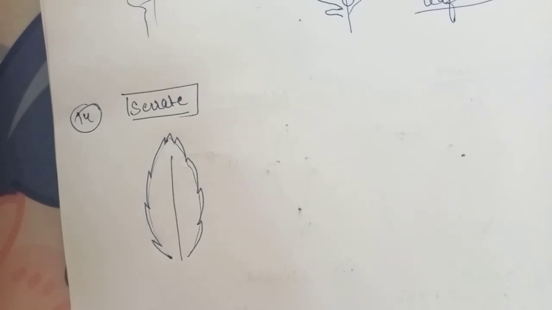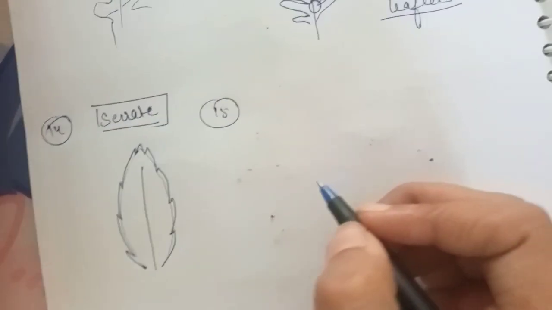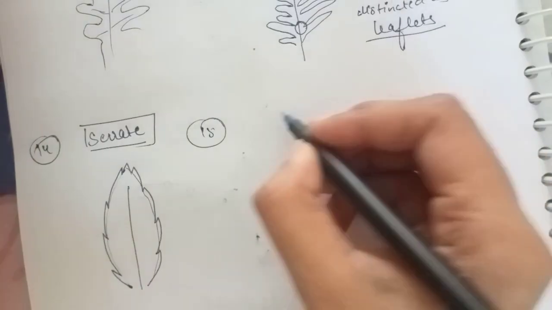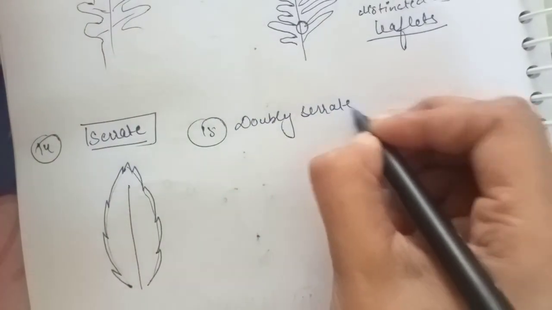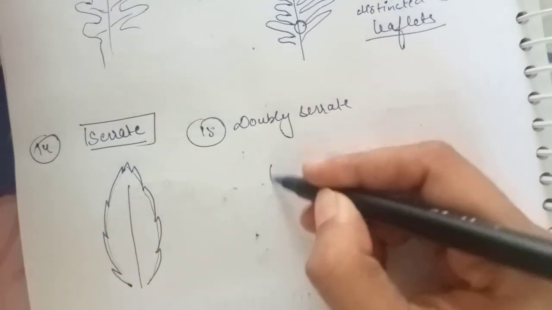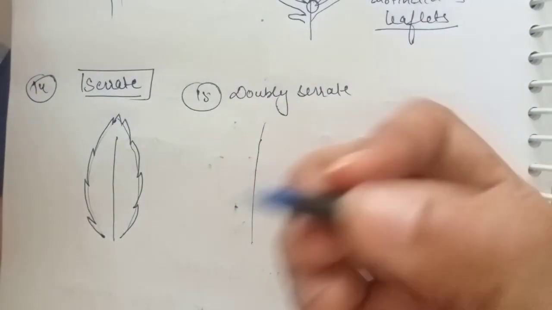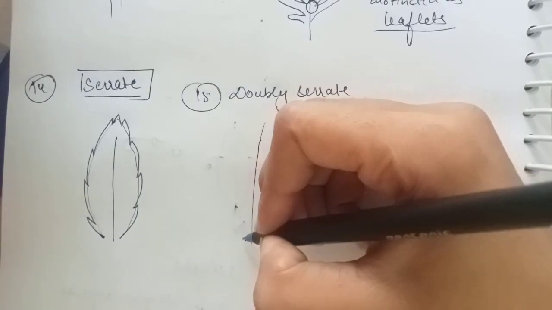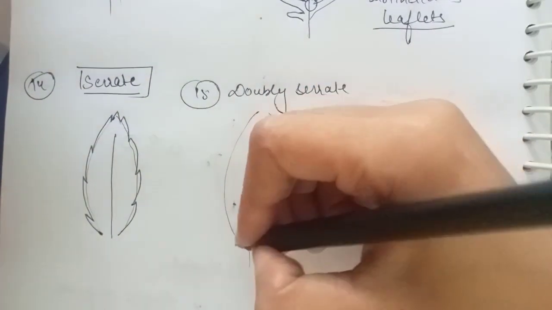This is serrated margin. Okay, the similar kind of word that we come across is doubly serrated. Doubly serrated means a double serration within the serrations. What I mean by this is, let's say this was the shape of the leaf, now we'll have serrations in it.